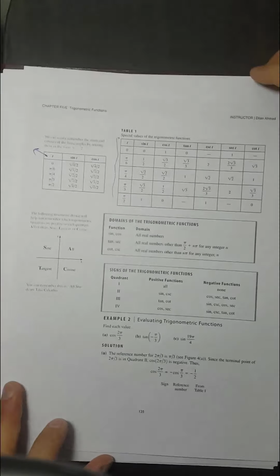So secant of minus theta is equal to 1 over cosine of minus theta, and I know cosine is even, so I will get 1 over cosine of theta. Secant of minus theta is equal to secant theta. So it means that secant also is an even function.